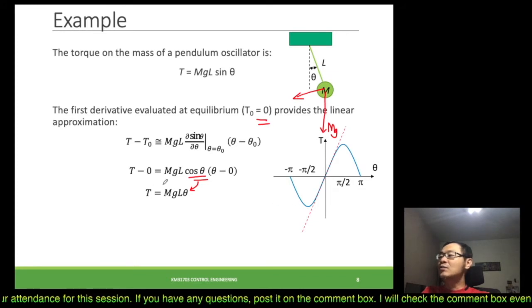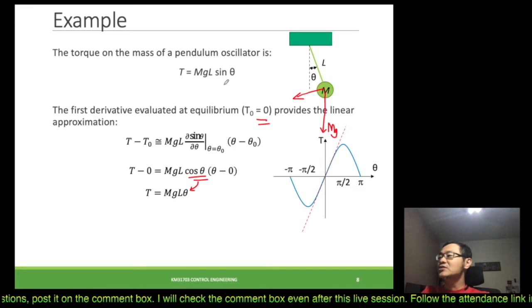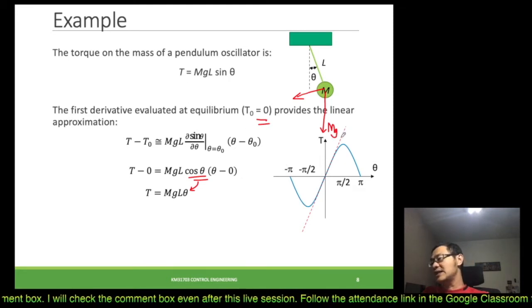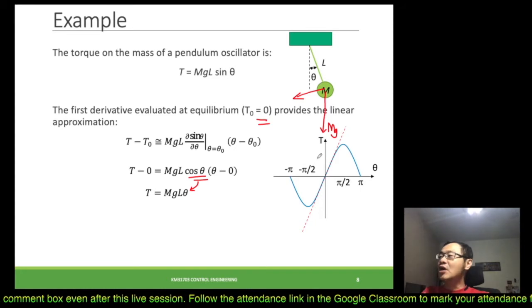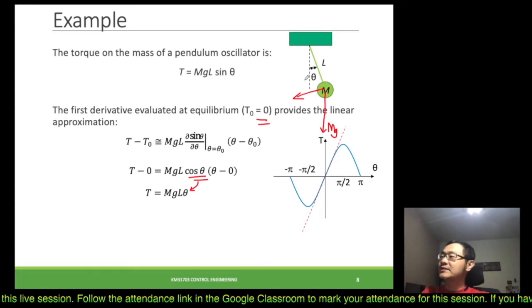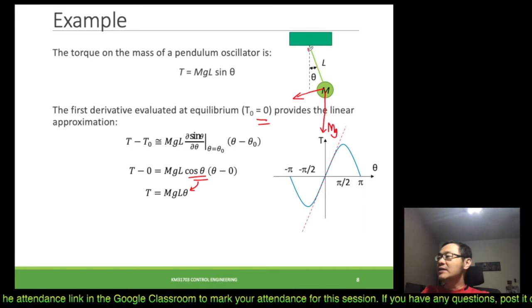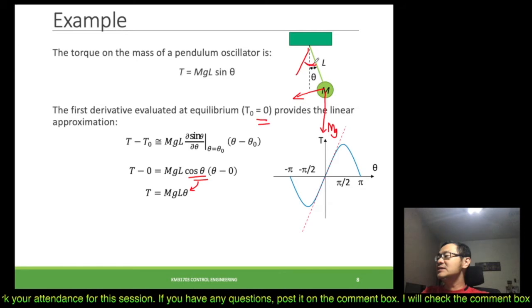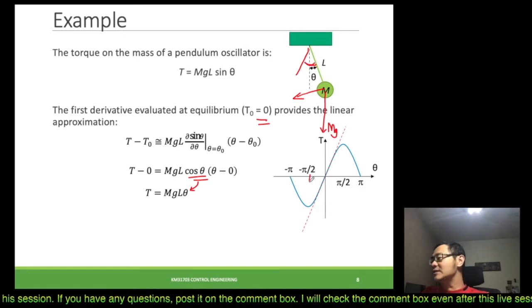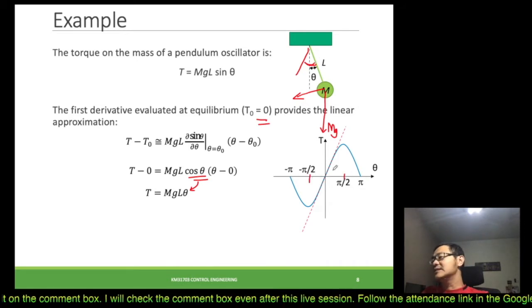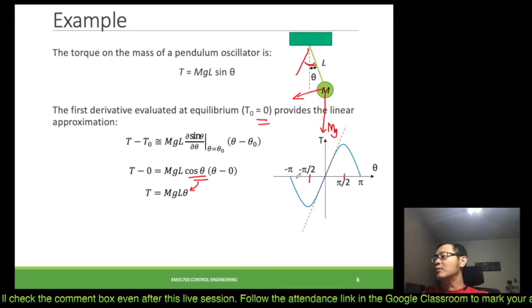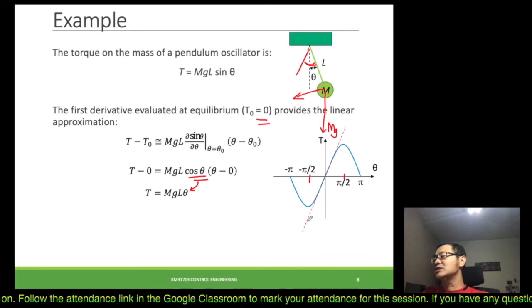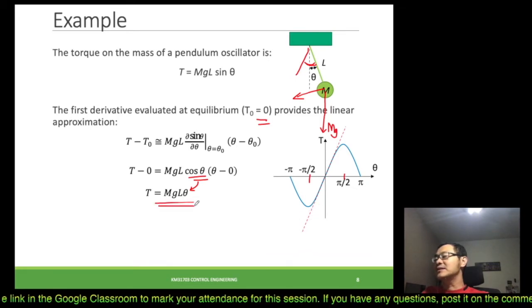Therefore, we have now linearized our equations. How would we see this in our oscillations? This torque will actually oscillate. However, because of our operating conditions, as this pendulum always oscillates within a certain range, let's say less than pi over 2 on both sides, we can approximate this line, and this line is approximated by these equations.